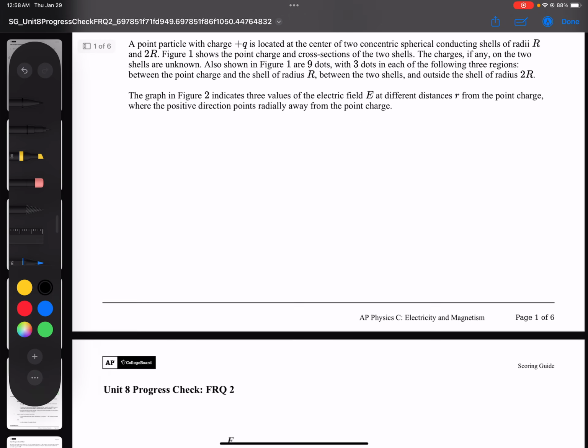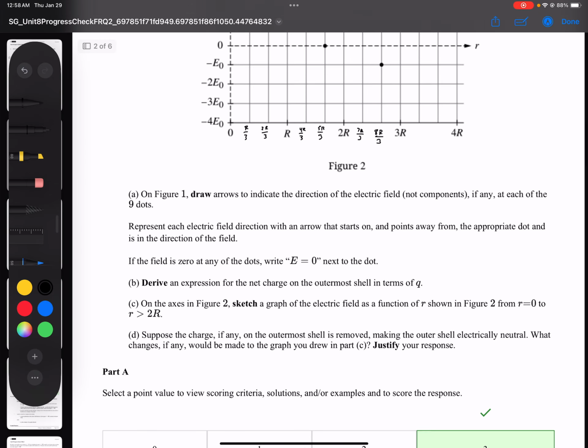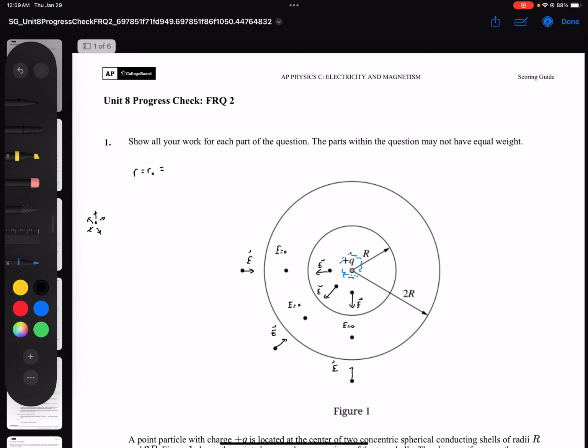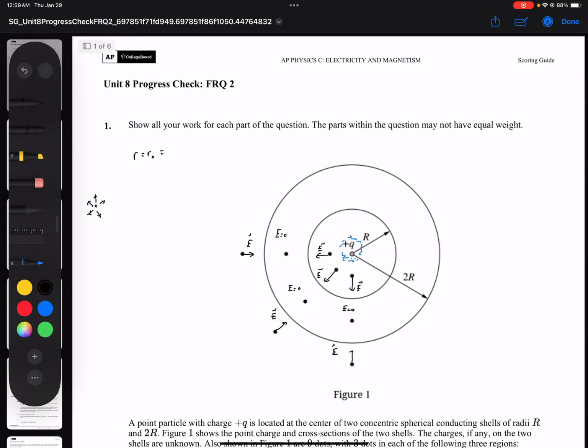So at R equals R naught, we know that's at a distance of 2/3 capital R, and the charge enclosed has to be positive Q. We're going to be using Gauss's law.